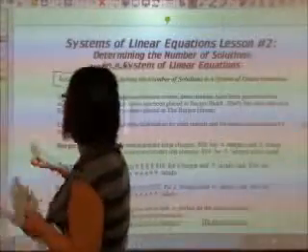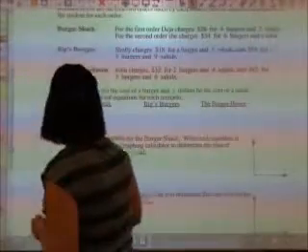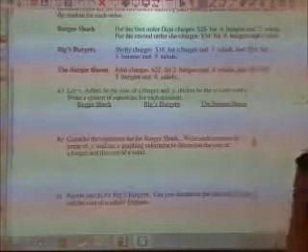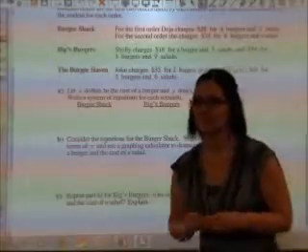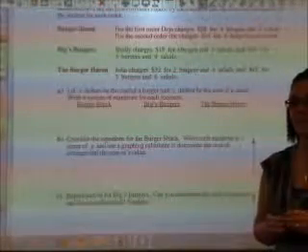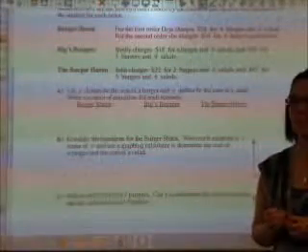So if we were to let X be the cost of the burger and Y be the cost of the salad, at the Burger Shack, what would the equation $28 for 4 burgers and 2 salads look like? How would I write that as an equation?